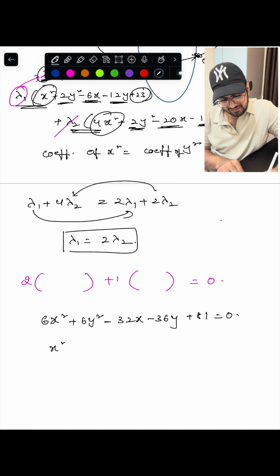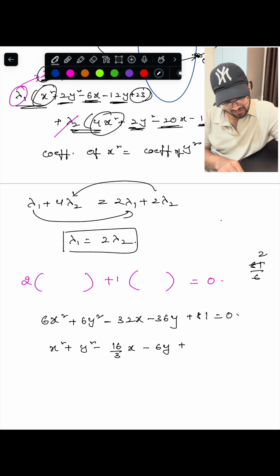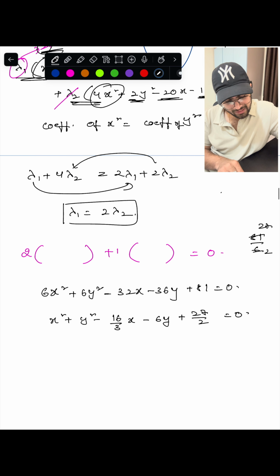So if you divide with 6, you will be getting x square plus y square minus 32 by 6 means 16 by 3 x minus 6y plus 81 by 6 means 27 by 2 equals to 0.